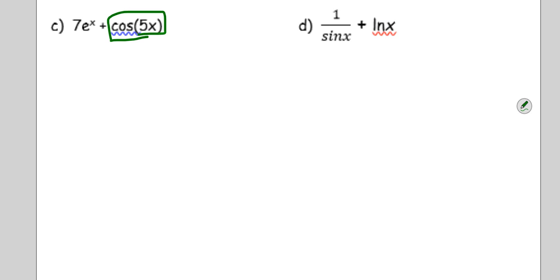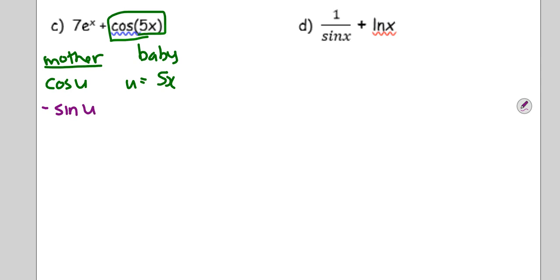What's the mother? What's the baby? And then what's the derivative of the mother? Okay, good. Next, yeah, negative sin u. And the derivative of the baby?